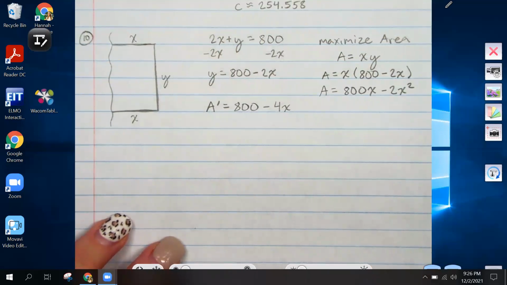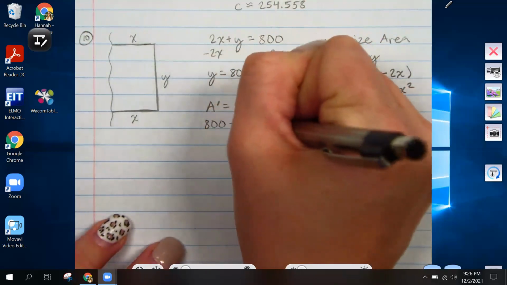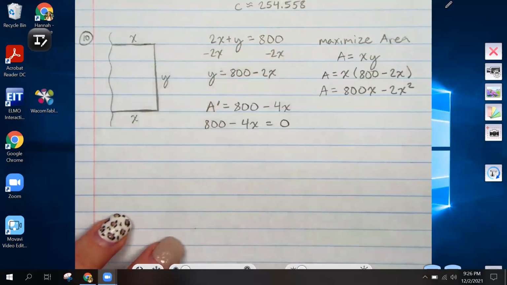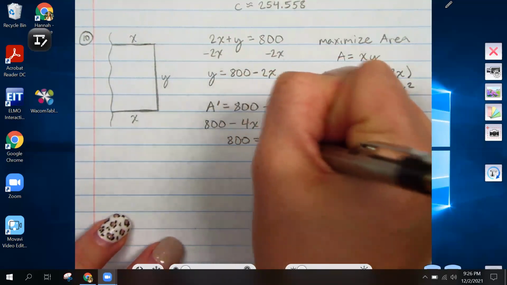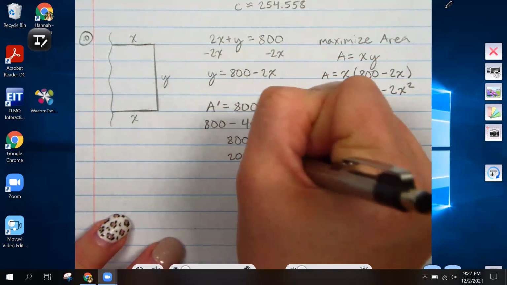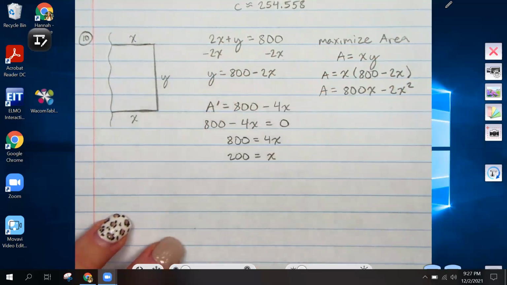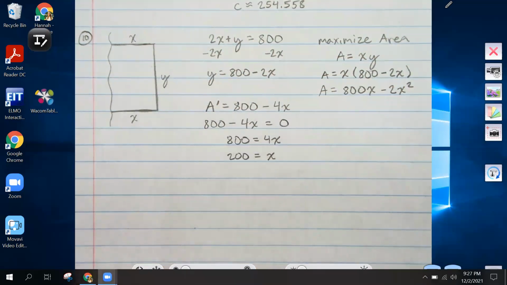So we need to set the derivative equal to 0 to find our critical values. Solve for x. We get x equals 200. So we know that that's a critical value.